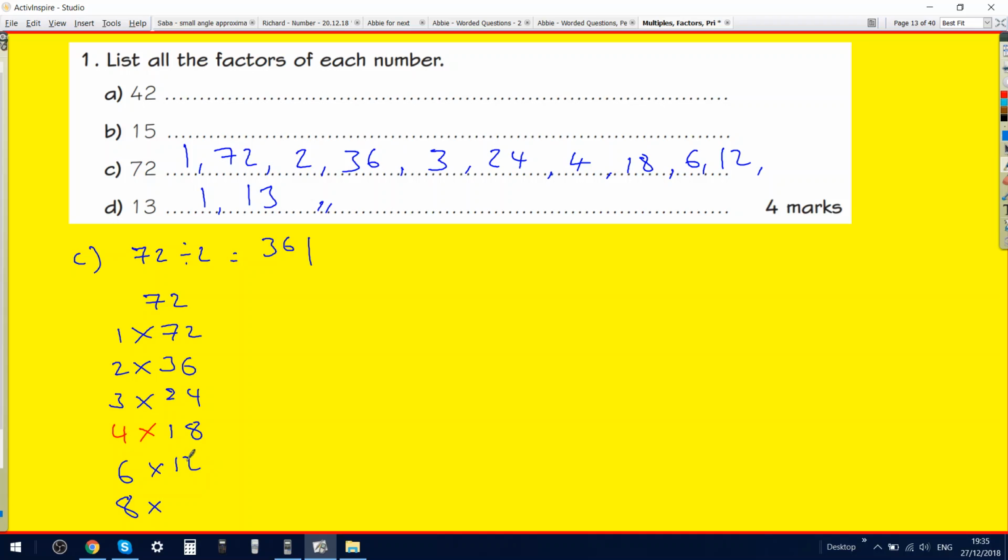I think 8 times 9 is 72. And then 9 times 8 is the same thing, so it now loops around, and that's where you stop.